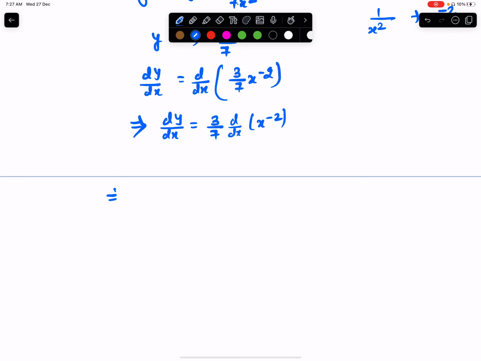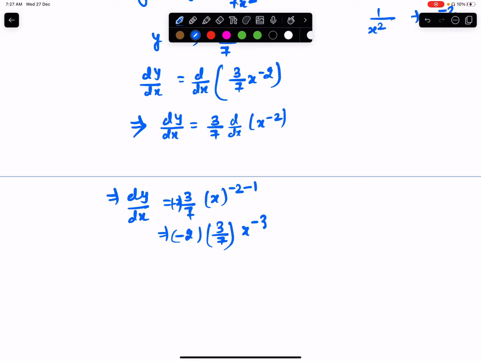So dy by dx equals 3 by 7 x raised to the power minus 2 minus 1. Here we will take minus 2 also out. So that will equal minus 2 into 3 by 7 x raised to the power minus 3.